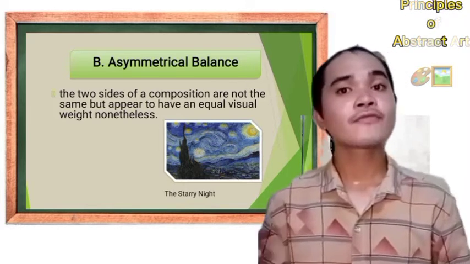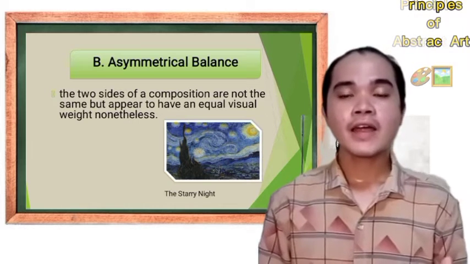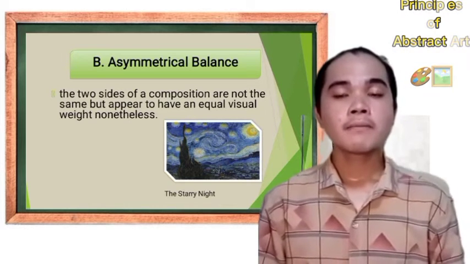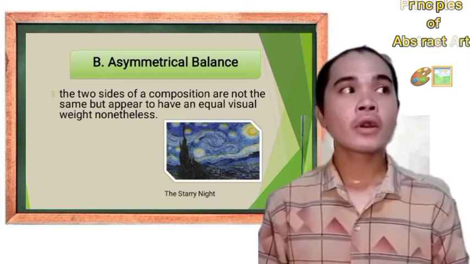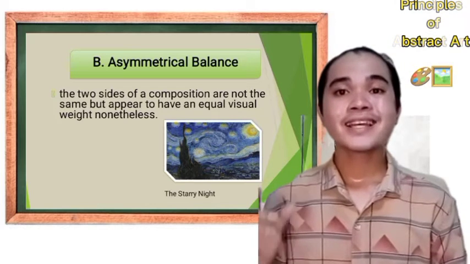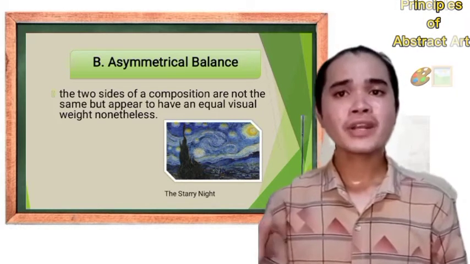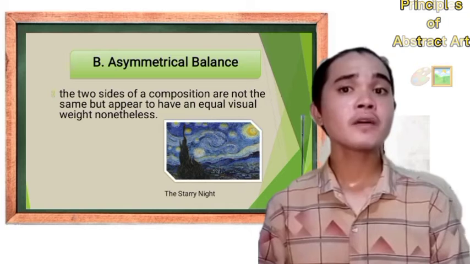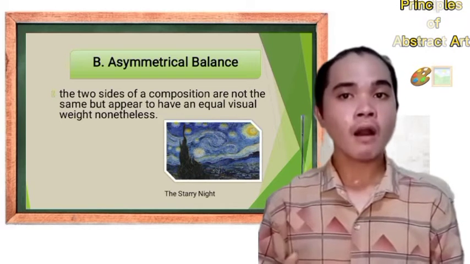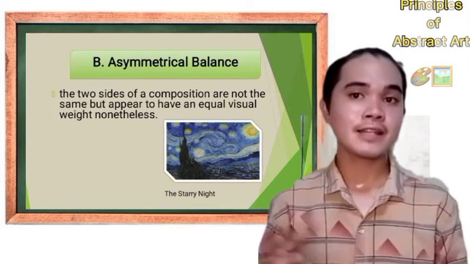It is also less formal and more dynamic than symmetrical because it may appear more casual, but it takes careful planning. For example, an asymmetrical balance is Vincent van Gogh's The Starry Night in 1889.